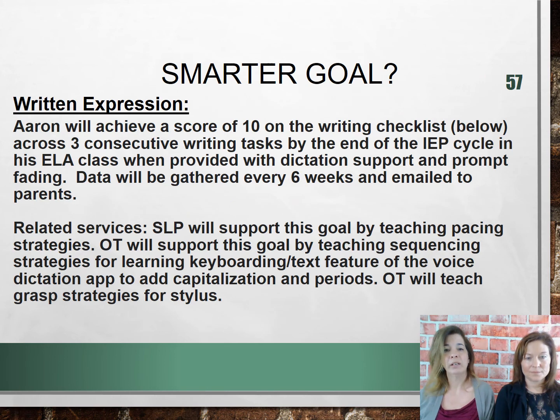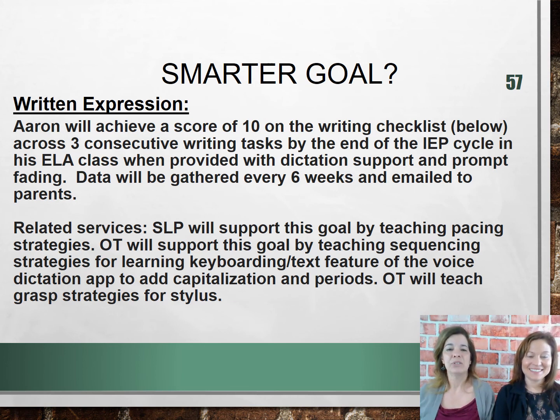So here we have changed that goal and written it more into a SMARTER method. Of course, this student was an 8th grader with TBI and struggled with written composition. He also tended to refuse all writing tasks. I'm sure you've never seen that, right?